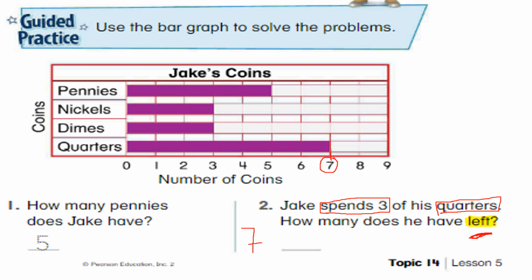And we are going to subtract. So 7 minus 3 equals, you can count on from 3 to 7 or count back from 7 to 3. What is the difference? Excellent, 4 quarters.